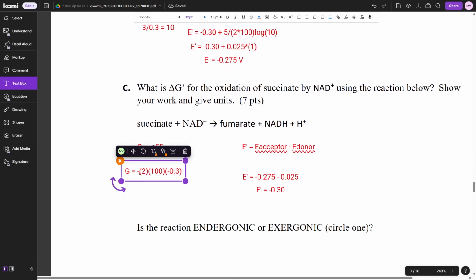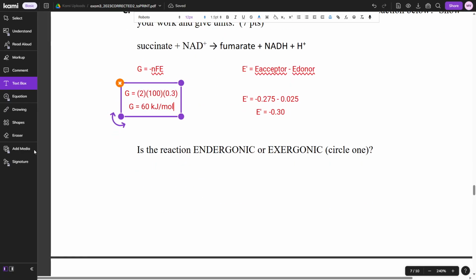So this negative sign and that negative sign go away. 0.3 times 100 is 30. 30 times 2 is 60. So G is going to be equal to 60 kilojoules per mole, if I'm not mistaken, or whatever the unit they want you to put there. Probably usually kilojoule per mole. Yeah, delta G is usually in kilojoule per mole.